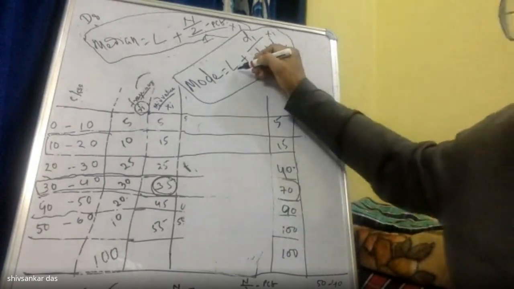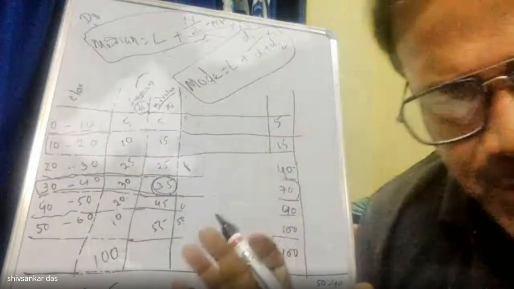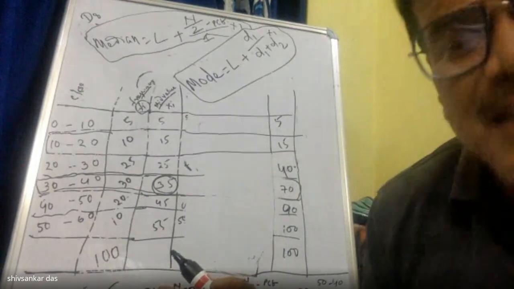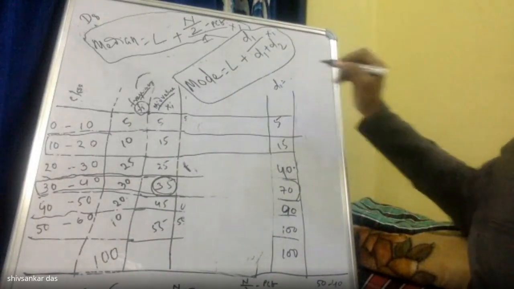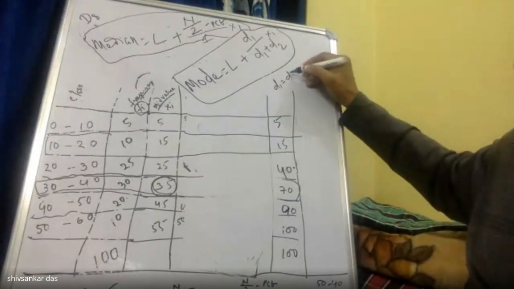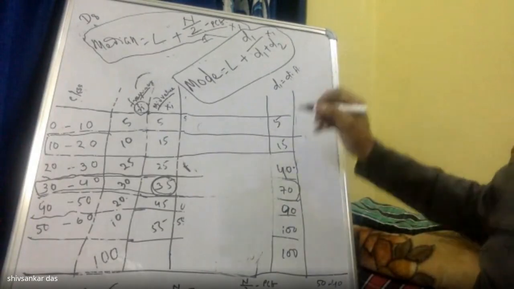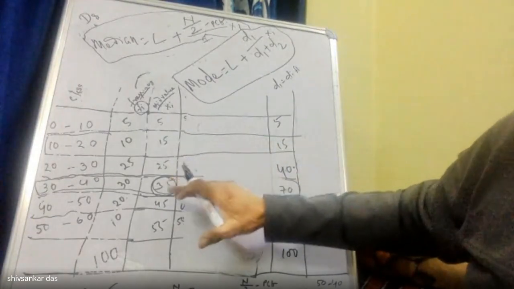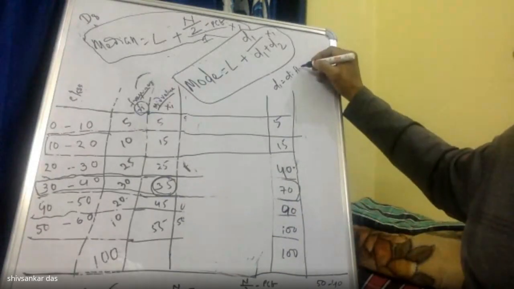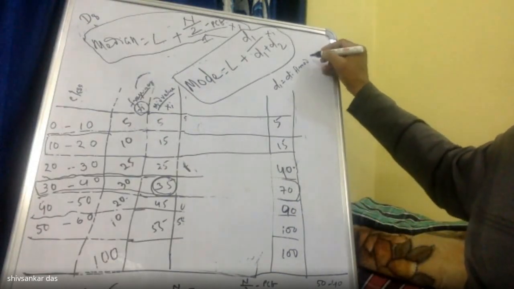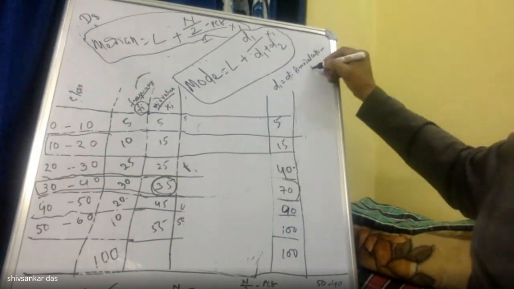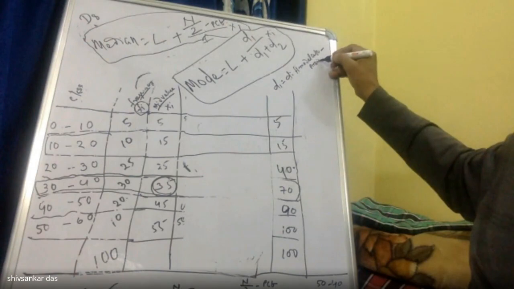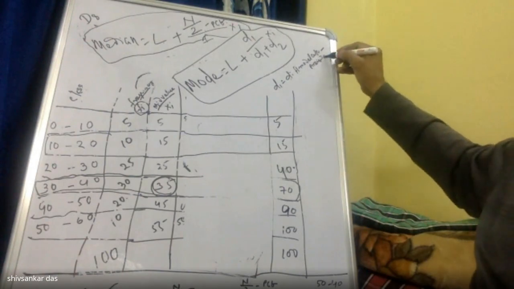Where L is the lower limit of the modal class. D1 is the difference between the modal class frequency and the previous class frequency.